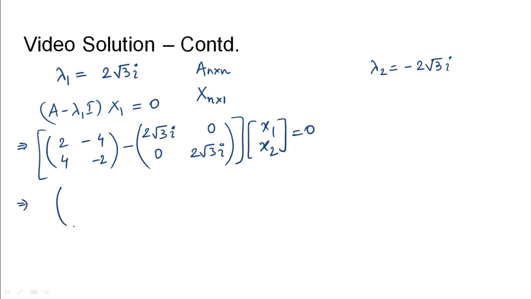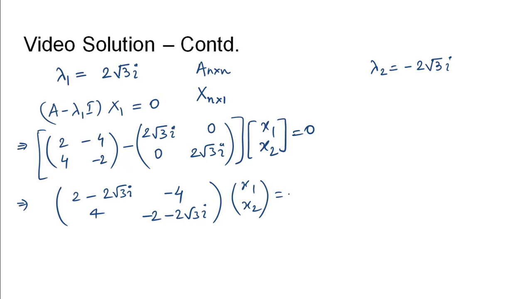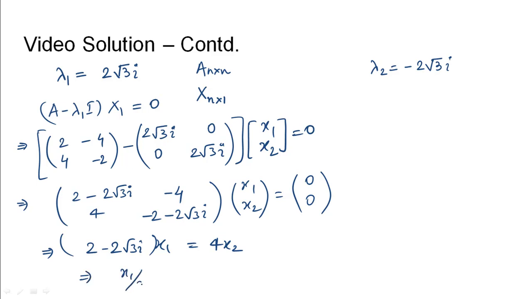Solving this gives [2 minus 2 root 3 i, -4; 4, -2 minus 2 root 3 i] into [x1; x2] equals the null matrix, which can be written as [0; 0]. Taking the expansion along the first row gives (2 minus 2 root 3 i) into x1 equals 4x2. This ensures x1 by x2 is 4 divided by 2 minus 2 root 3 i.